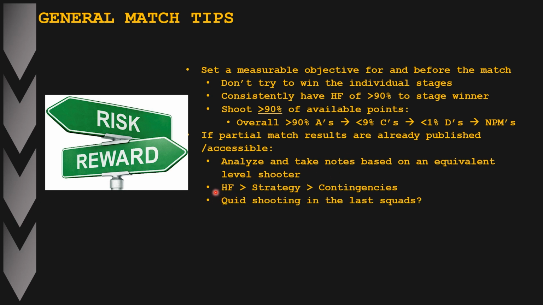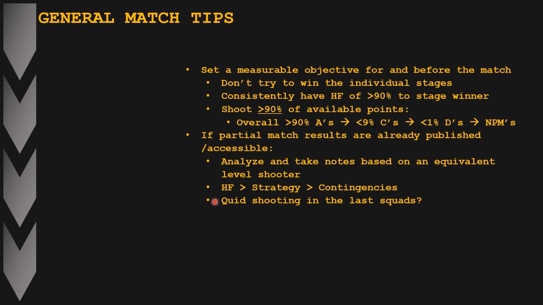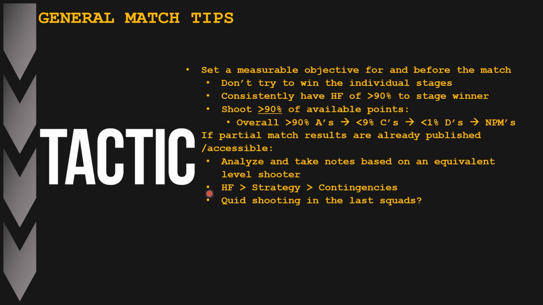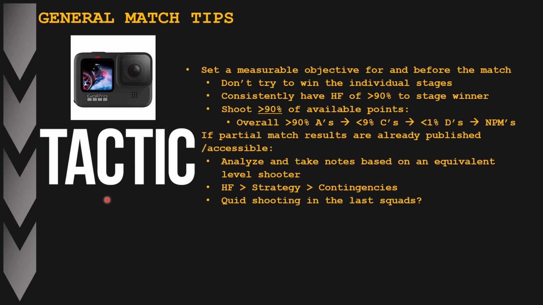Another technique I don't use but I've heard about is that it might be of strategic advantage to shoot in one of the last squads of the match, because the more data you have in Practiscore, for example, the better you can calculate the hit factor and base your strategy on that, as far as time is concerned and the points that you can shoot or lose on respective stages.